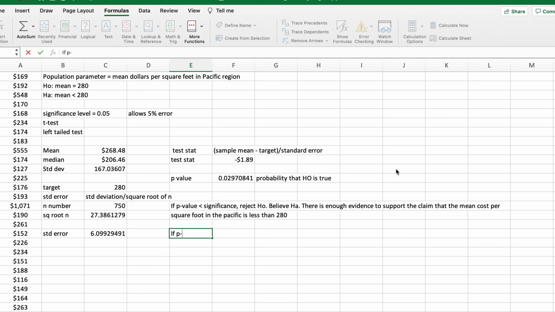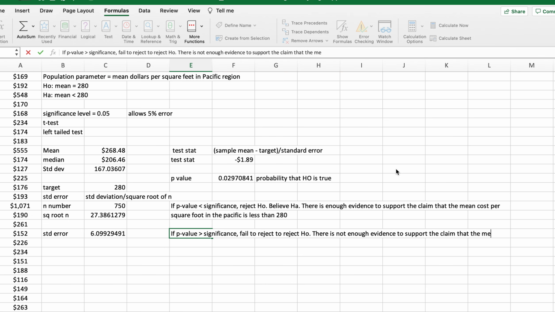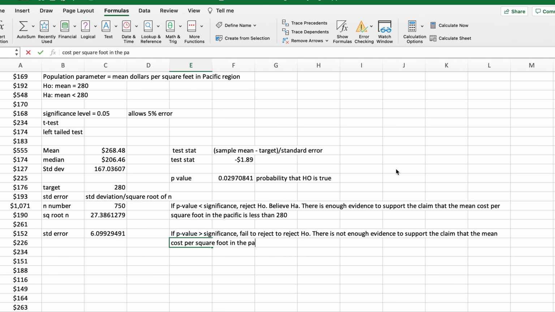If the p-value is more than the significance, fail to reject H0. There is not enough evidence to support the claim that the mean cost per square foot in the Pacific region is less than 280.